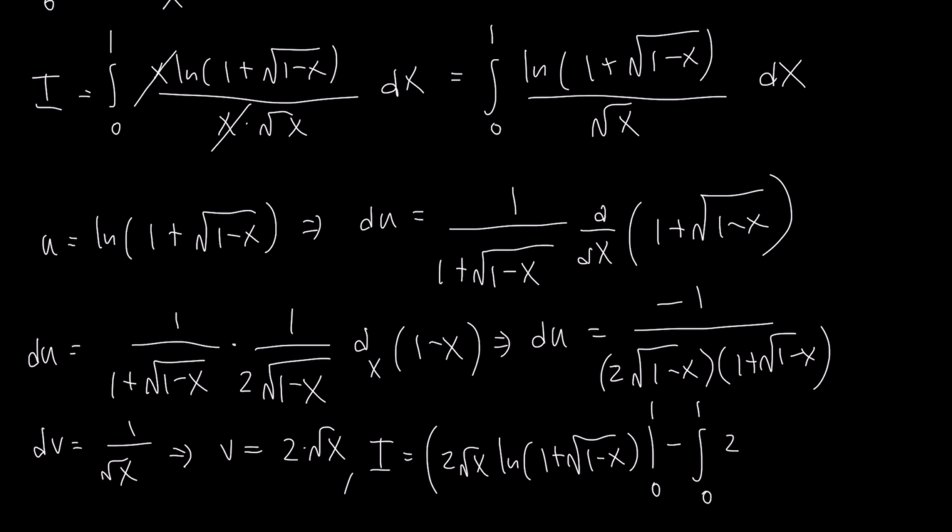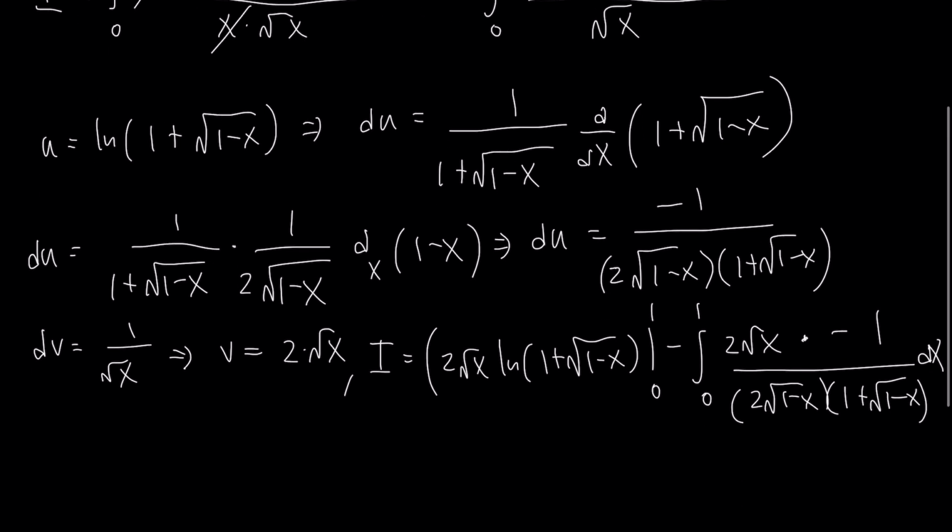So we have a 2 square root of x times negative 1 divided by 2 square root of 1 minus x times 1 plus the square root of 1 minus x, dx.